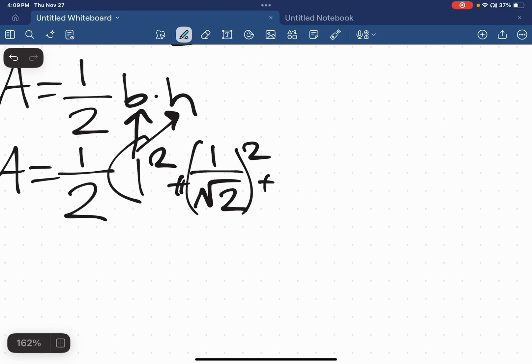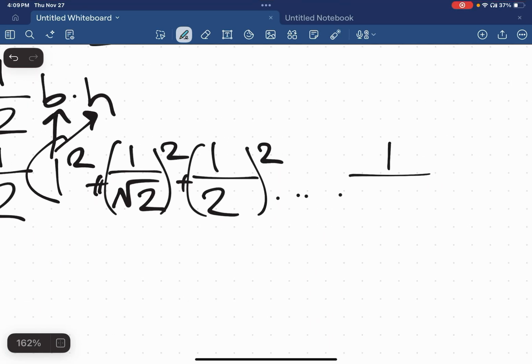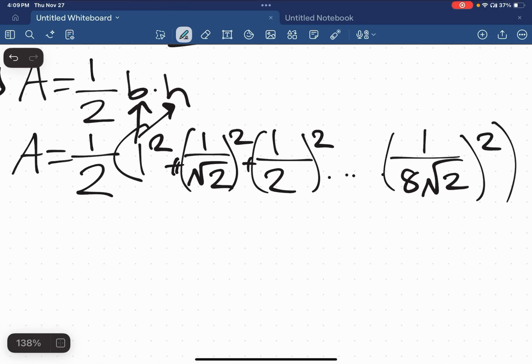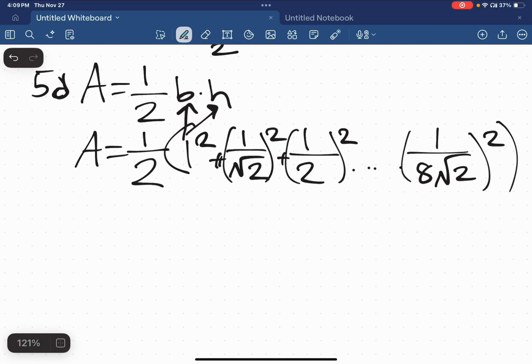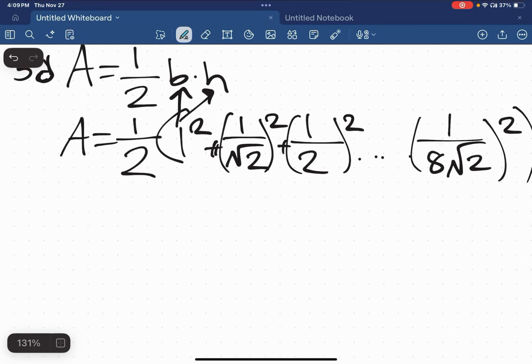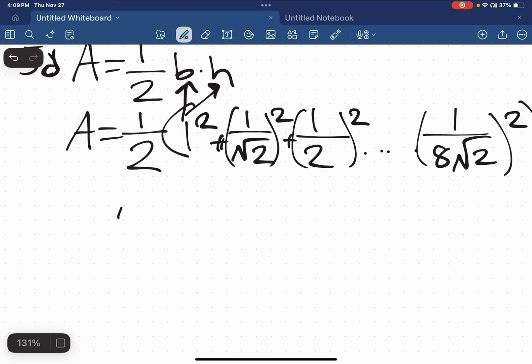And then the next triangle following is going to look like this, and so on and so forth, all the way up until we get to the 8th triangle, which is this. Now, it'd be horrible to even try to do this by hand. So instead, we're just going to write it out a bit more simply, only using a couple of terms.